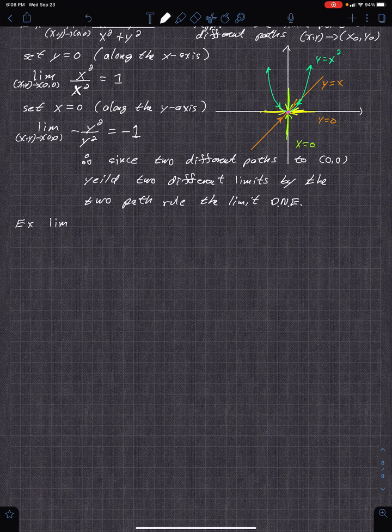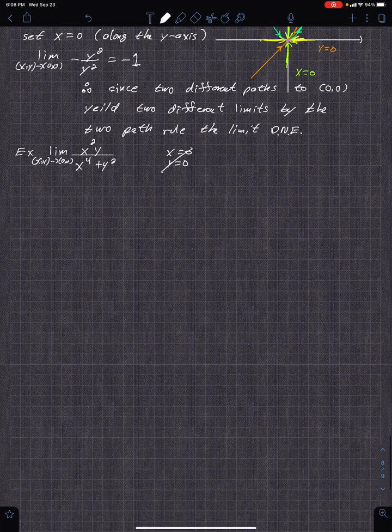The limit of x squared y over x to the fourth plus y to the second, and we are again approaching 0, 0. If you tried x equals 0 and y equals 0, you get 0, so that's not going to work. You can't try that case.